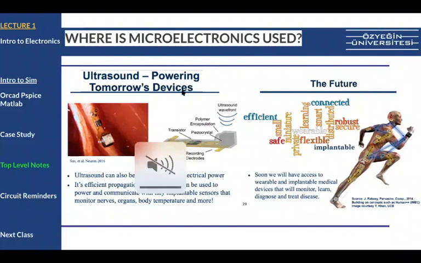Ultrasounds powering tomorrow's devices. As you can see here, using MEMS and some other electronics, you can put these chips on the tongue or on the body like a skin. It can even power these devices with your vibrations and live signals. It can turn your movements into energy.